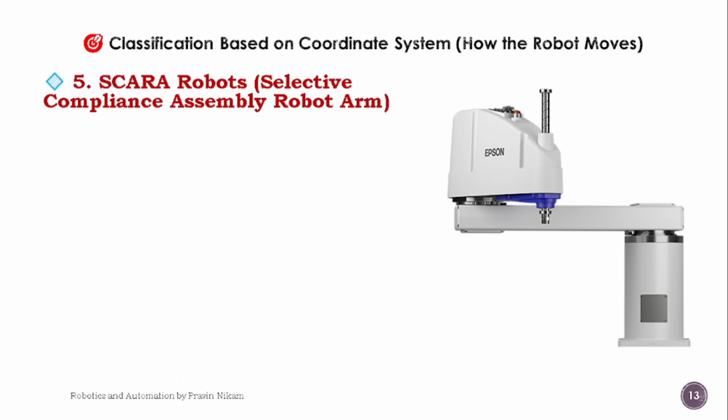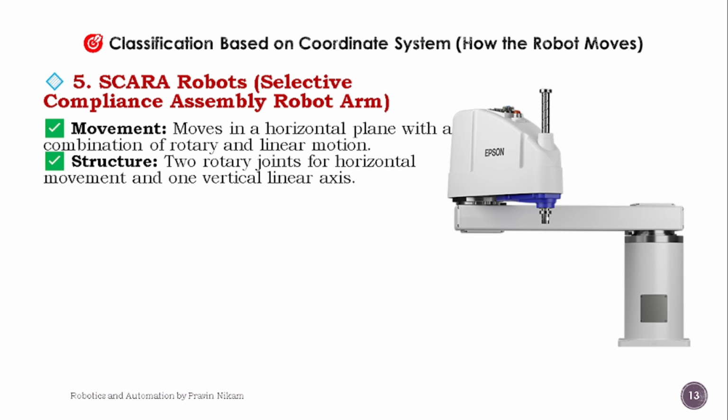Then the last type is SCARA robots, that is selective compliance assembly robot arm. You can see in the diagram. It moves in a horizontal plane with a combination of rotary and linear motion. Two rotary joints are there for horizontal movement and one vertical linear axis is there.